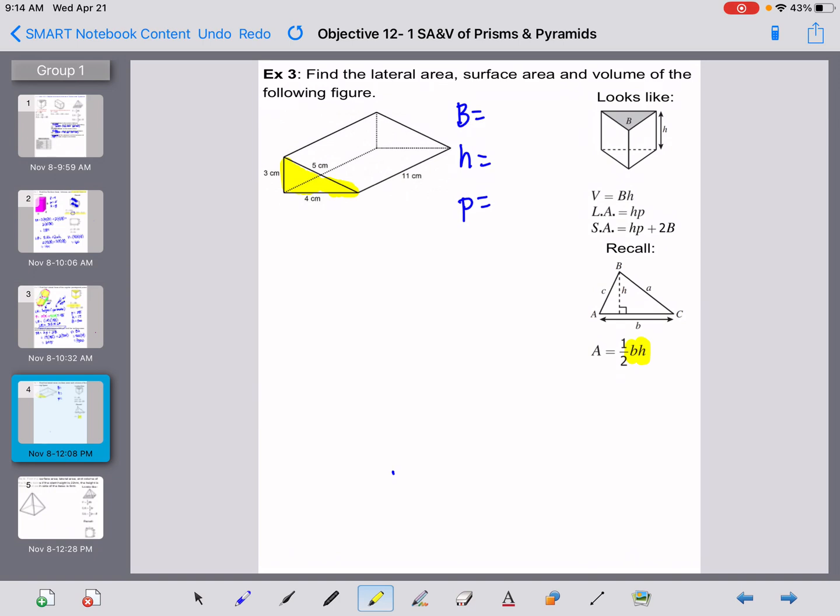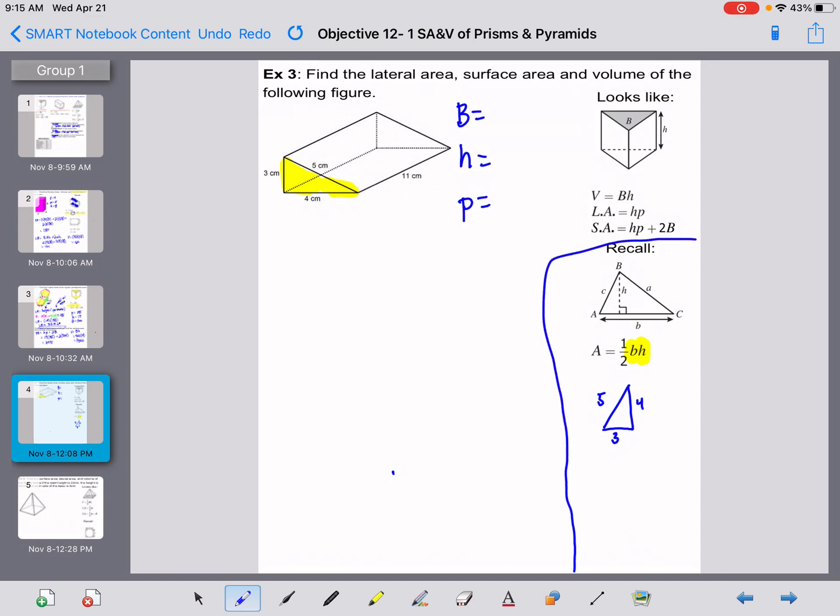When I do this triangle over here, I'm going to rewrite this. All right, that's a 4, that's a 3, and that's a 5. The H in the area of the triangle could possibly be different than the H in the prism.